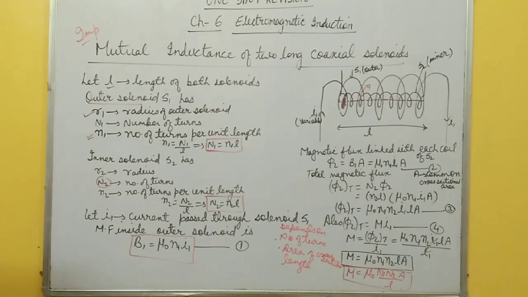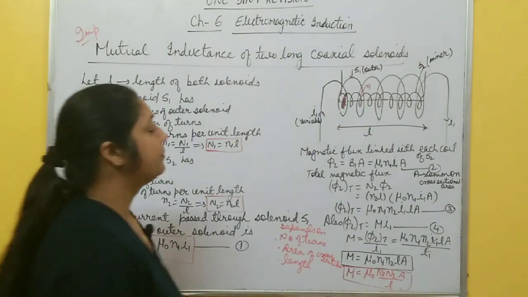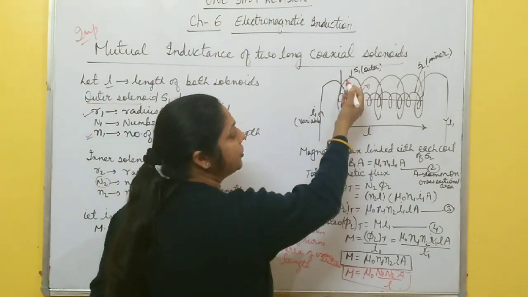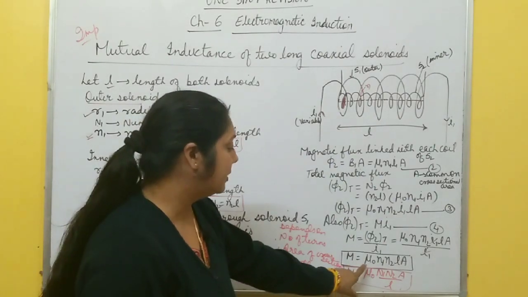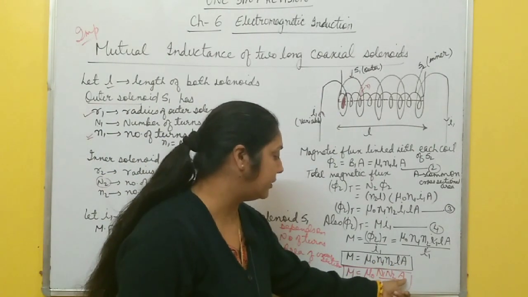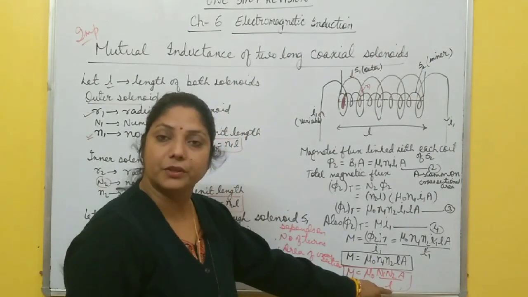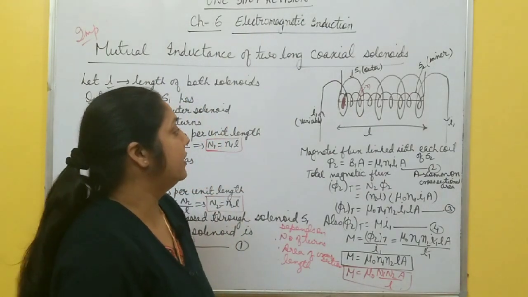So this is about the mutual inductance of two long coaxial solenoids. It's very simple. It doesn't matter which one is outer, which one is inner. If current is passing through the inner solenoid and you find the mutual inductance for the outer solenoid, then it also becomes the same, mu naught n1 n2 L A or mu naught N1 N2 A by L. It depends on the number of turns in both solenoids, the common area of cross section and the length of the solenoid.